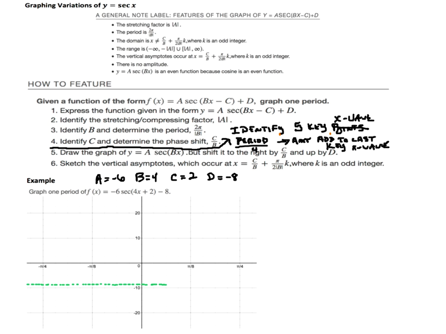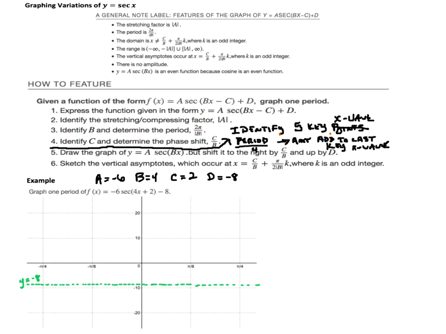That's about -8 right there. So I'm just marking my midline. I'll also note the equation of my midline is y equals -8. Remember, when we write it as an equation, it's always going to be y equals some value because it's a horizontal line.